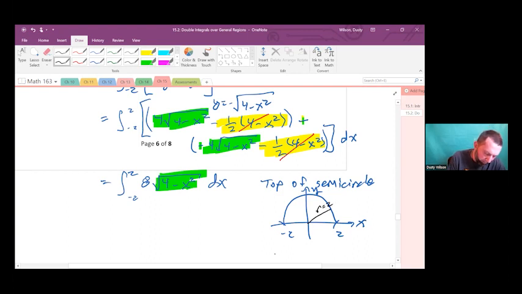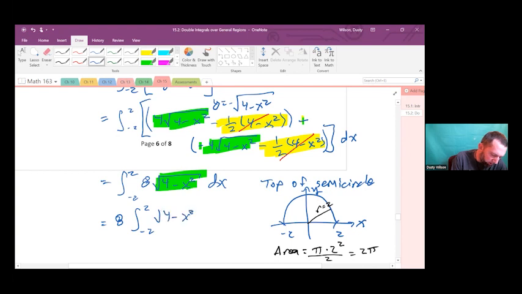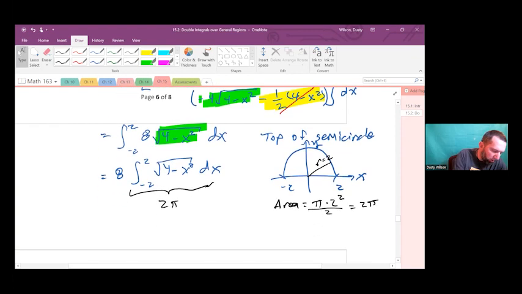And so it has area equal to pi r squared divided by 2, because it's only half of a circle. So it's got an area of 2 pi. So this thing would be equal to 8 times the integral from -2 to 2 of root 4 minus x squared dx. All of this stuff here is 2 pi. And so our sum total for the whole thing is 16 pi.